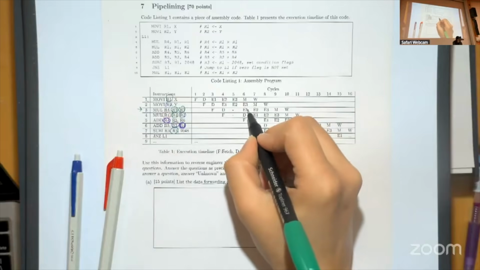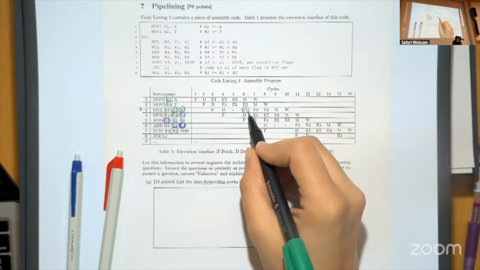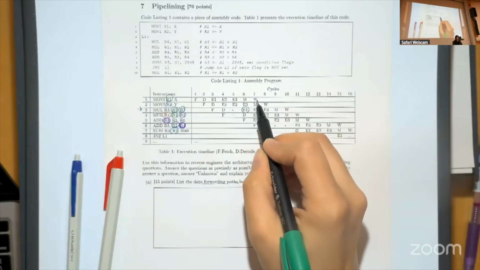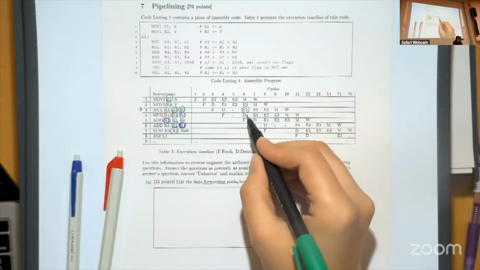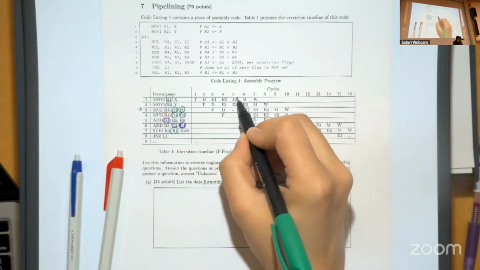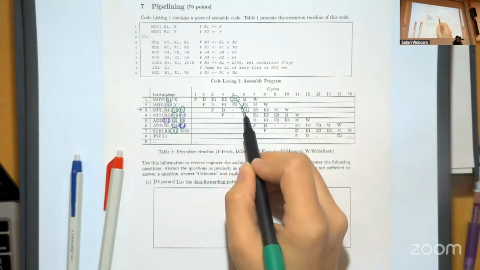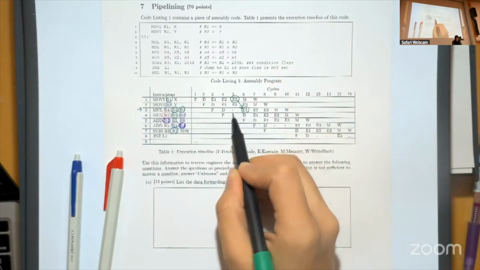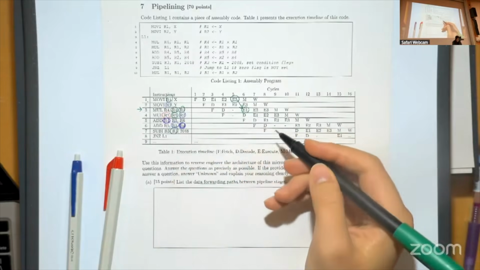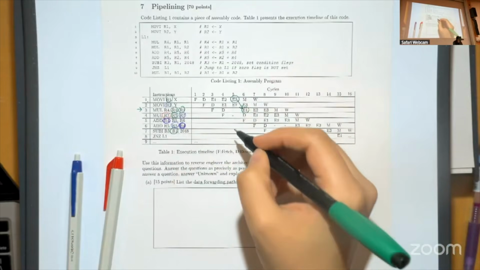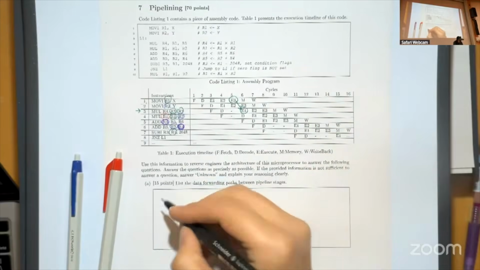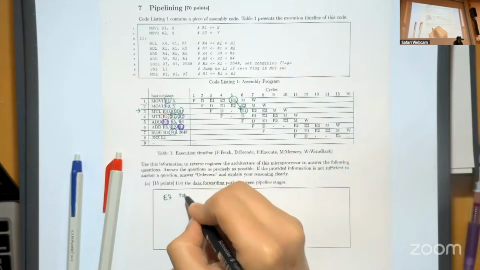After that, we immediately go to the execution stage without waiting for the write back to happen in cycle 7. So once the value of R1 was ready, we forwarded it to the first execution stage for this instruction to continue execution. This shows us a data forwarding path from E3 to E1.